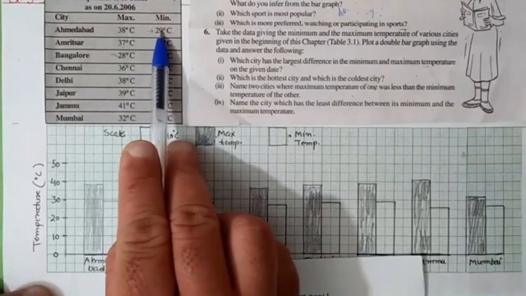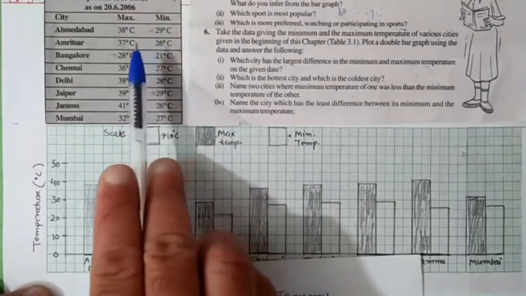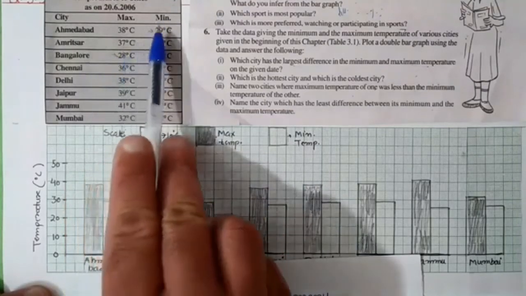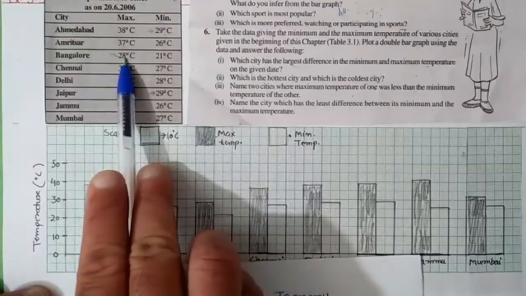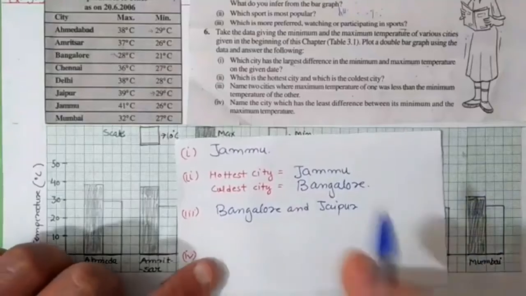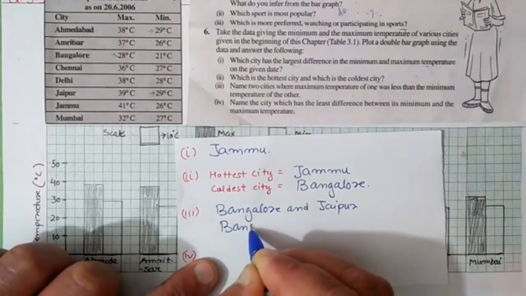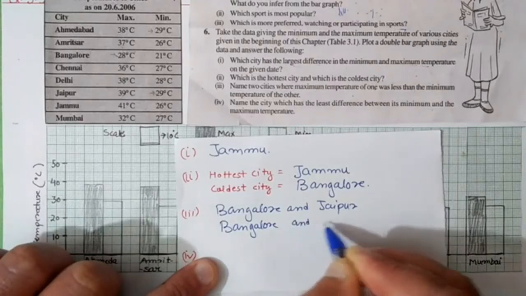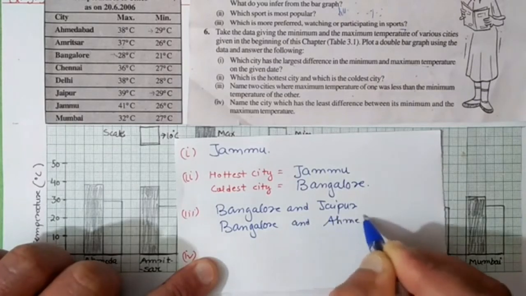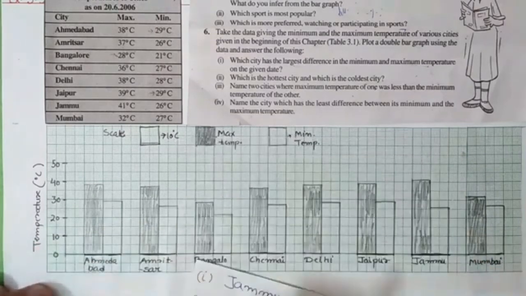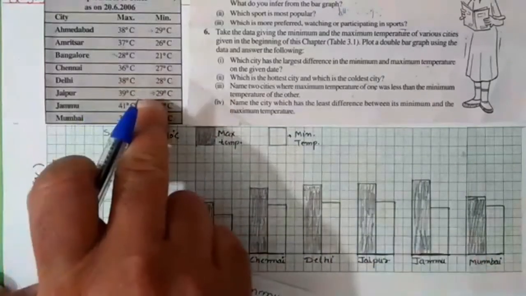Ahmedabad's 29 degrees Celsius is the minimum. Ahmedabad's minimum temperature is higher. Now we can write: Bangalore and Ahmedabad. Their minimum temperature is higher than the maximum temperature of Bangalore.